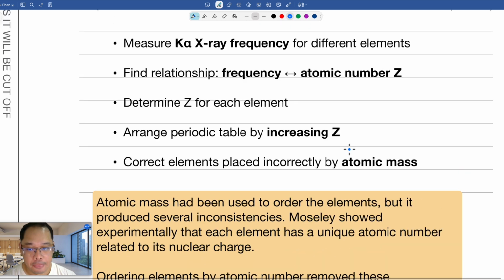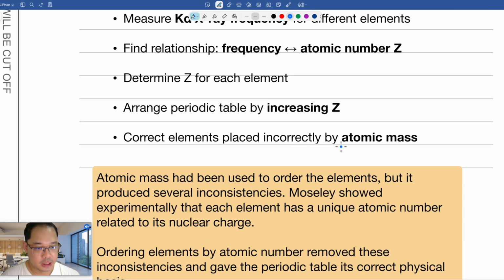And then after plotting the scatter graph, we can identify that the correlation is linear. The best fit line is supposed to be a straight line which passes very close to the origin within the percentage uncertainty. Correct elements placed incorrectly by atomic mass.